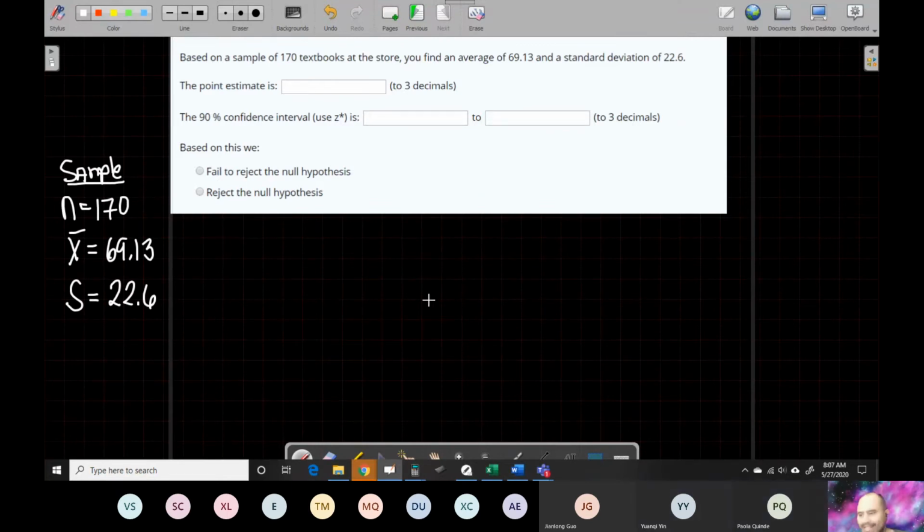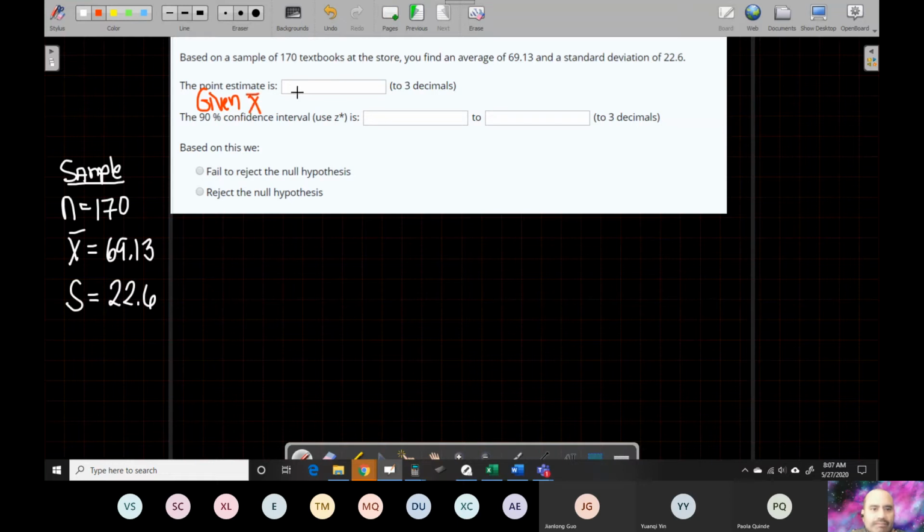Okay, the point estimate. What is the point estimate? I explained it in the last class. The point estimate is basically the average, the given average. In this case it is the given X bar, not mu, sorry.